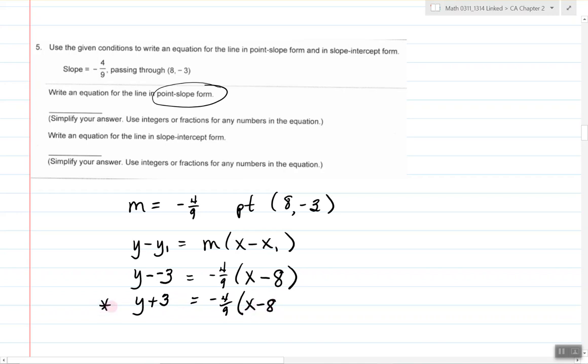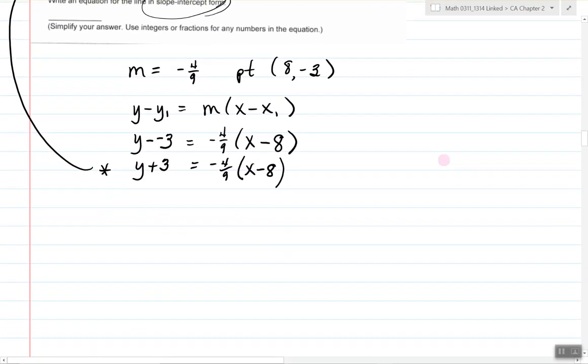That is an answer that goes right there. Now they want it in slope-intercept form. So I keep y plus 3 is equal to, and I'm going to distribute the fraction, -4/9 x.